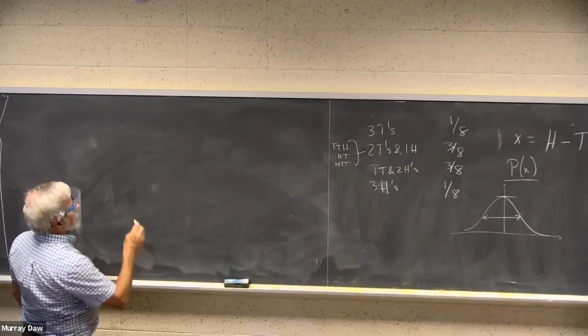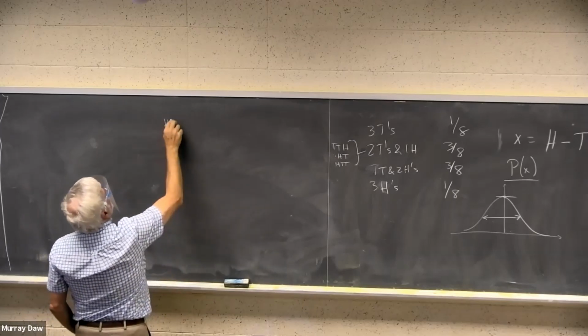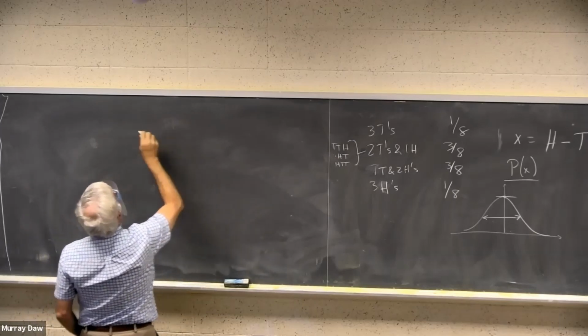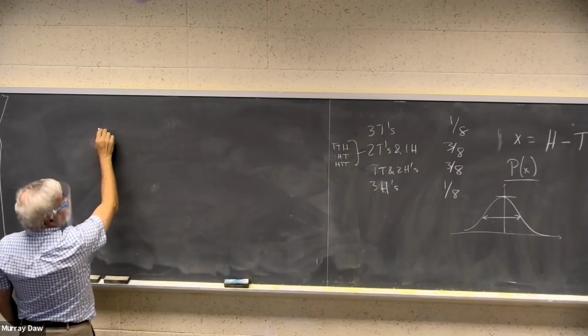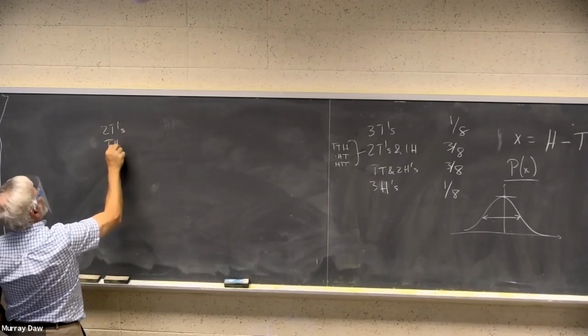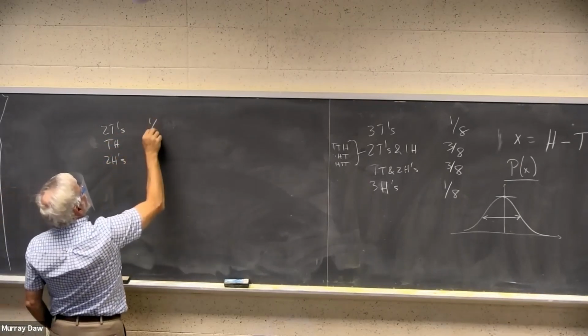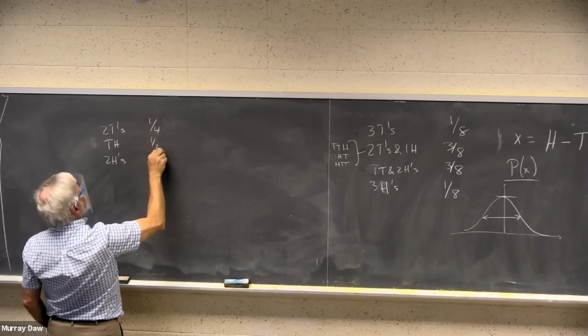Okay, so let's look at this. When we had 2 coins, we had the possibility of 2 tails, the tail and head in any order, and 2 heads. The probability was 1/4, 1/2, 1/4.